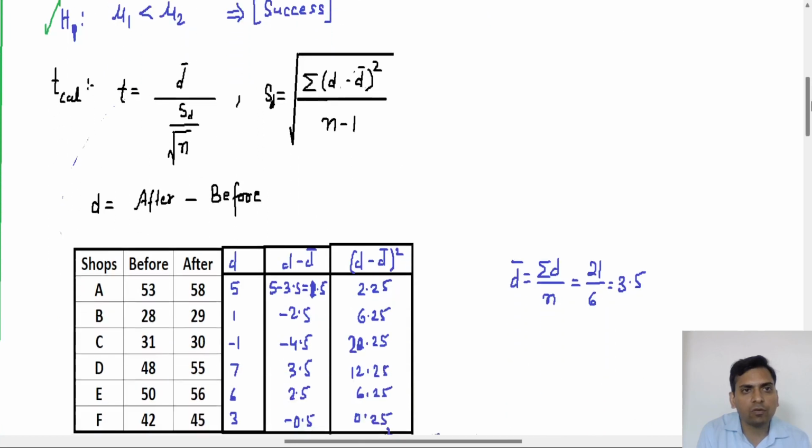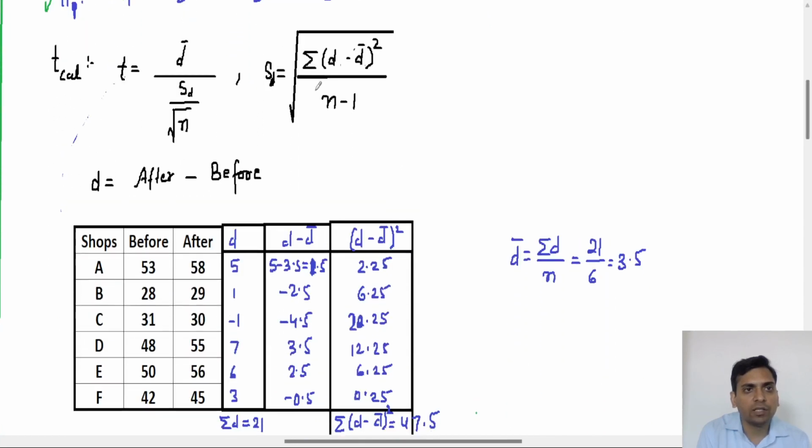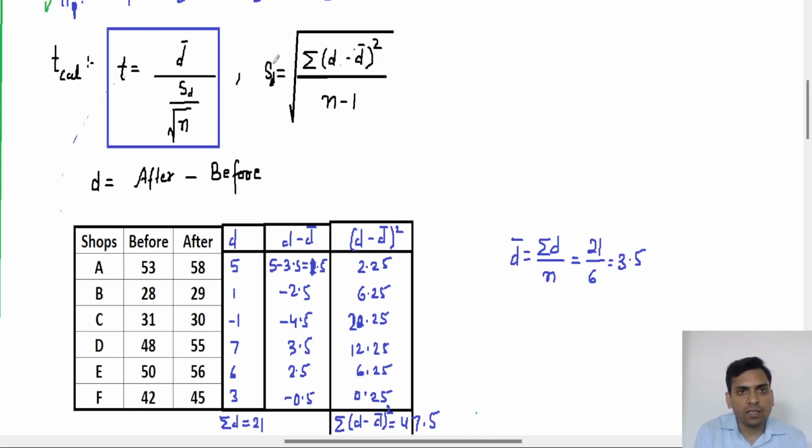So first is hypothesis writing, and second is t calculated. For t calculated, we have this formula: t equals d bar upon SD divided by under root n, where SD is the standard deviation of difference.